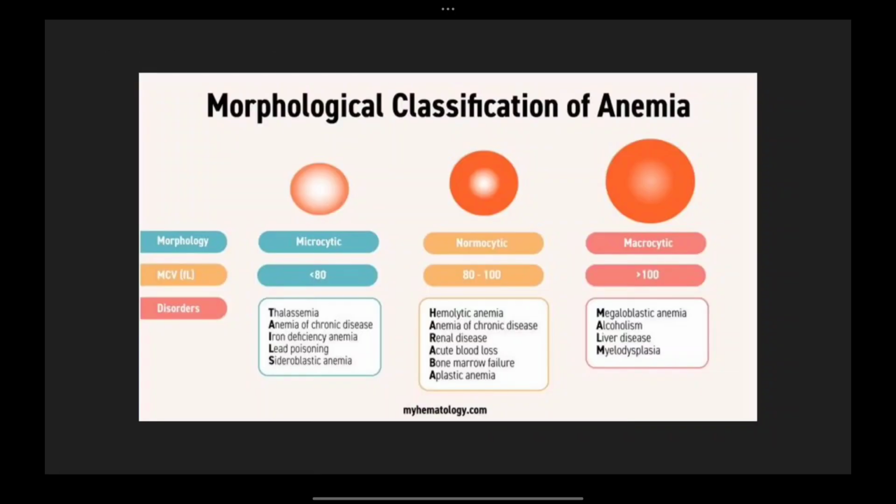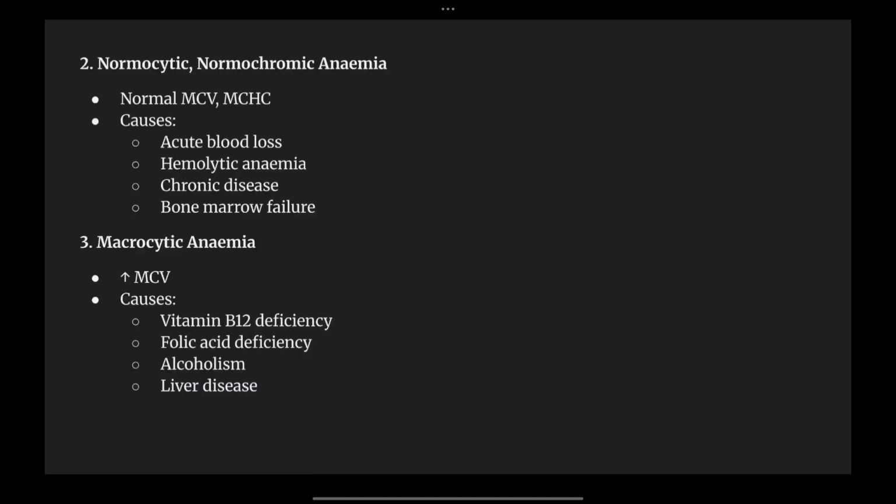Now let's move to the second type, which is normocytic or normochromic anemia. They have normal levels of mean corpuscular volume as well as mean corpuscular hemoglobin concentration. So these are normal. But what are the causes of normocytic anemia? There is acute blood loss and hemolytic anemia. Acute blood loss could be during accidents.